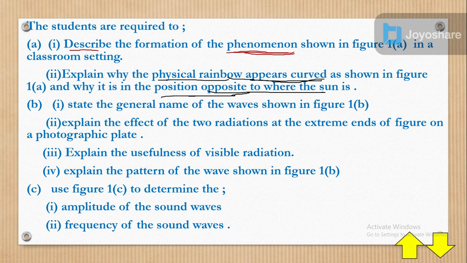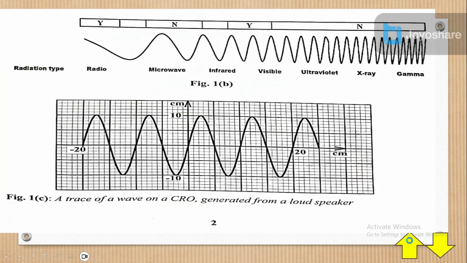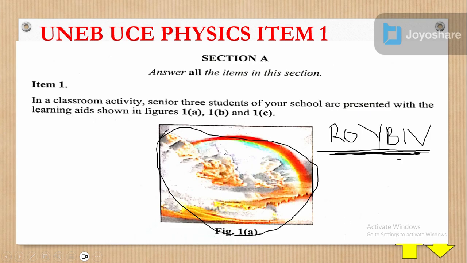Let's go and see the figure first of all to remind ourselves a little bit. So that's our figure. They're asking, why is it like that in that format? Why does it appear curved, and why is it always opposite to where the sun is? Let's go and see that.